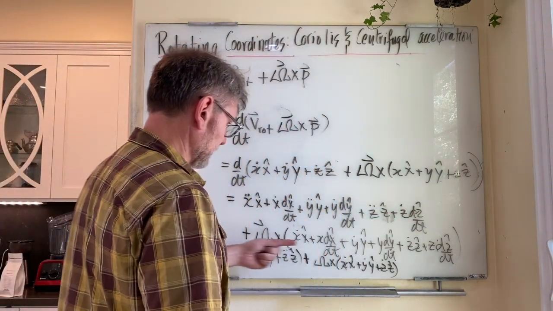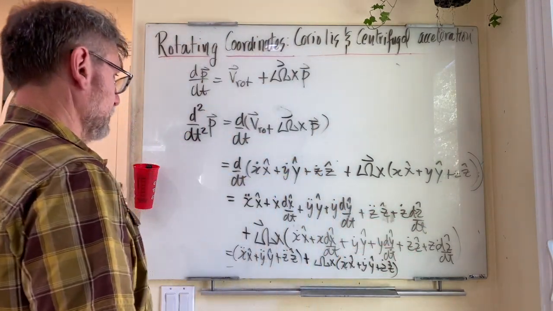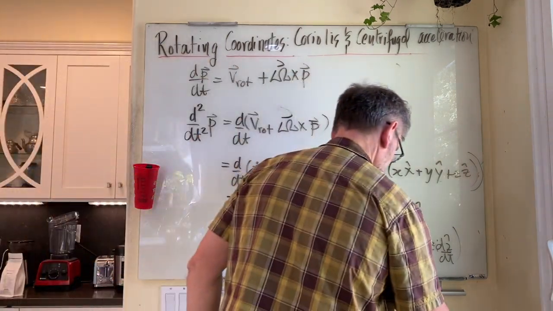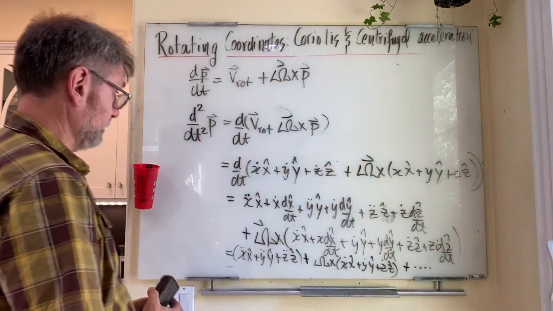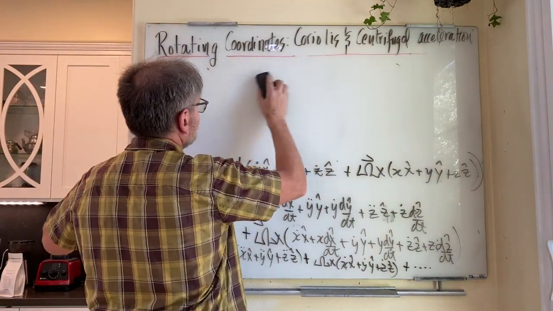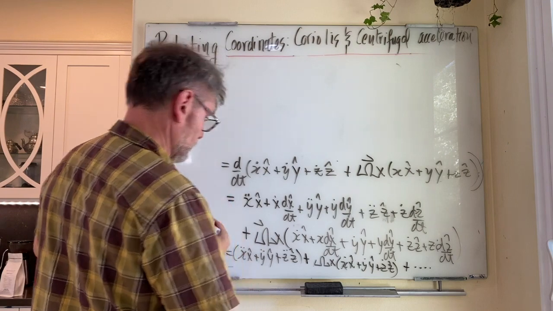And then I have the second line, and I'm running out of space. Let me copy plus to be continued, because I'm running out of space. I'm going to erase everything up here. So what do I have?